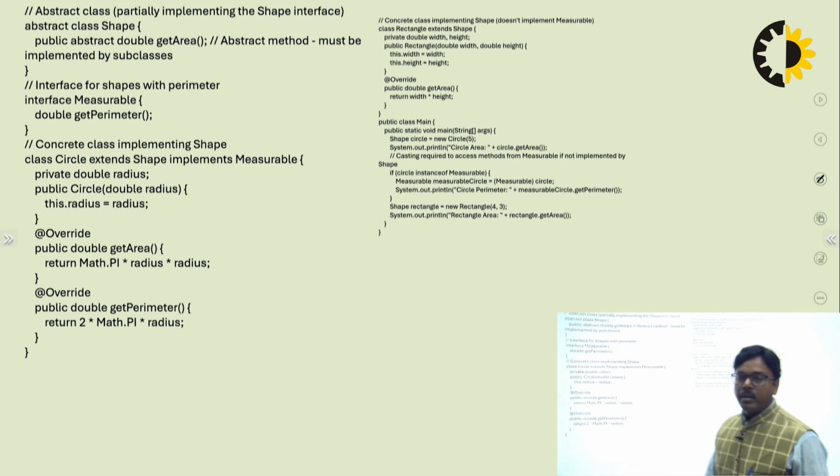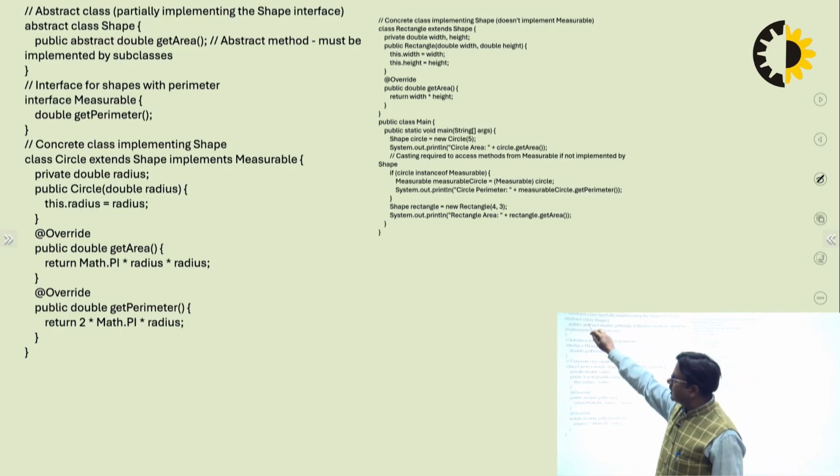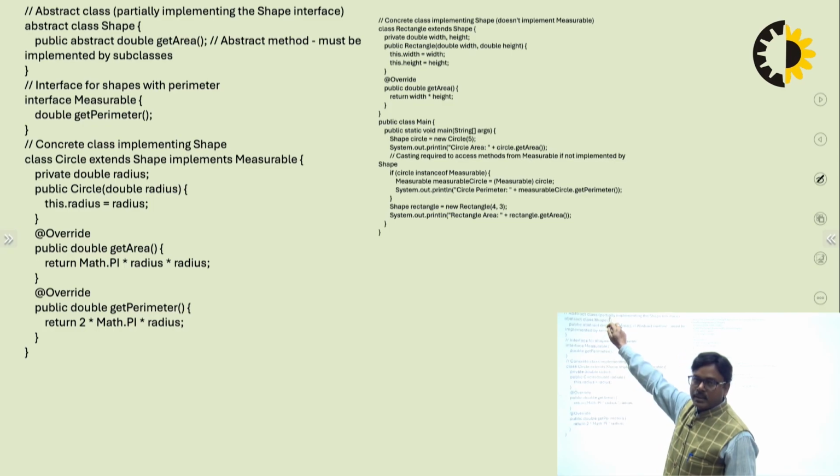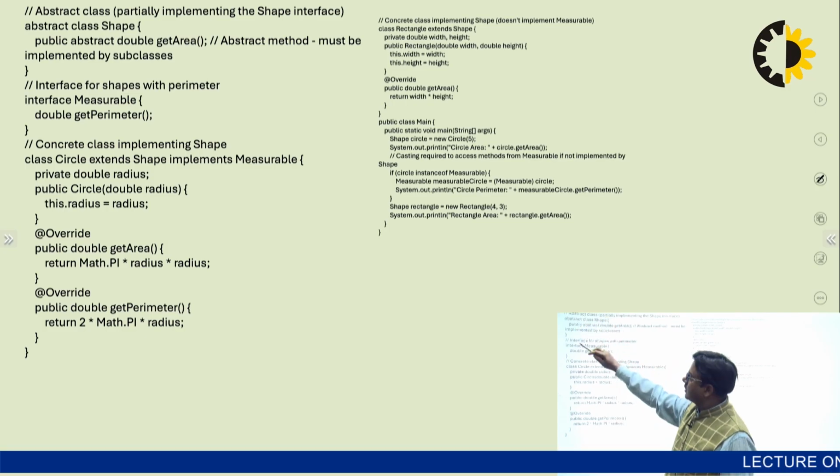This is an example of an abstract class. We will talk here about what exactly an abstract class is. Partially implementing the shape interface means an abstract class Shape is created here. The class name is Shape, and the keyword abstract has been assigned here. So this is the abstract class.